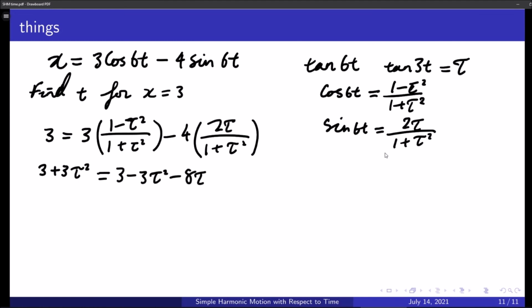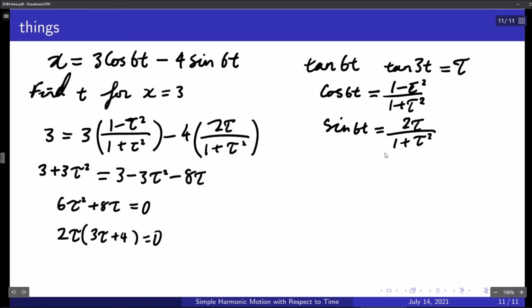So we end up with 6 tau squared plus 8 tau equals 0, which means we have 2 tau times 3 tau plus 4 equals 0, which means tau equals 0 or tau equals negative 4 over 3.